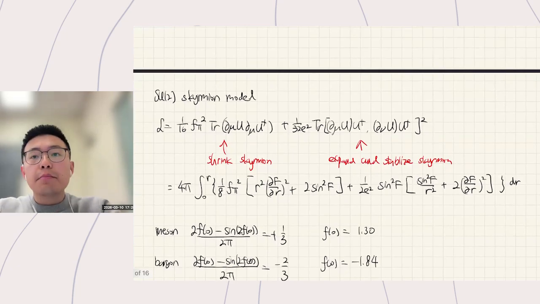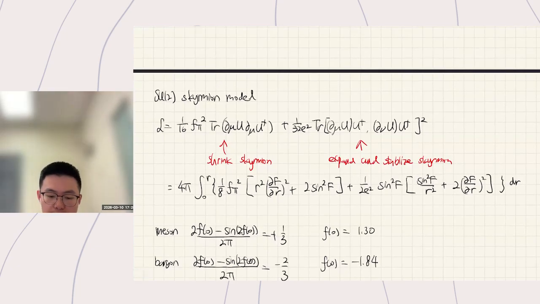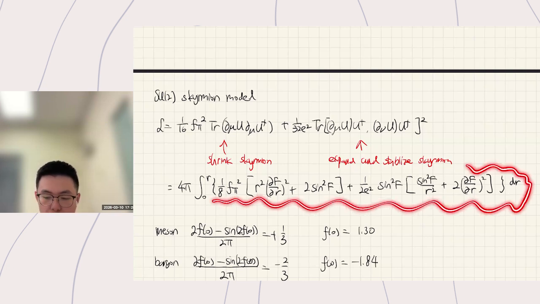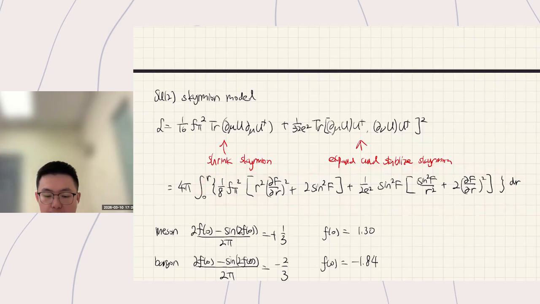One thing I want to emphasize is that now if you plug in the skyrmion configurations, you get the energy density, and the total energy is given by this. You see that in these expressions, everything is finite at r equals 0, except this term. This term blows up at r equals 0, so this is a divergent term. Remember that when I fixed the boundary conditions, I already fixed the solution F0 mod pi.